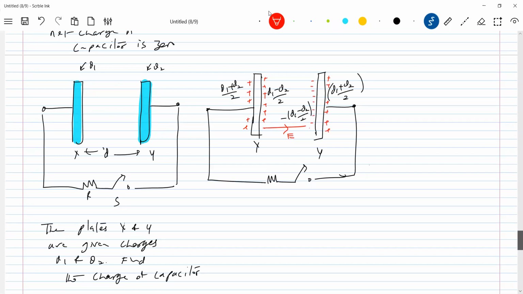So the net field between the plates will be towards the right. And we know from electrostatics that the electric field is directed from higher to lower potential. So which plate is at higher potential? Vx will be greater than Vy. What is the expression for the electric field? Q1 minus Q2 by 2 by A by epsilon naught. This is the charge density, no?